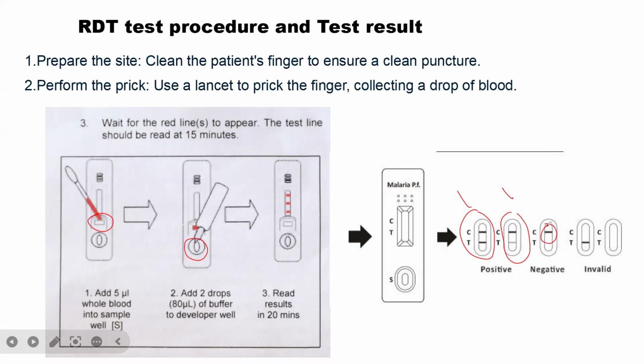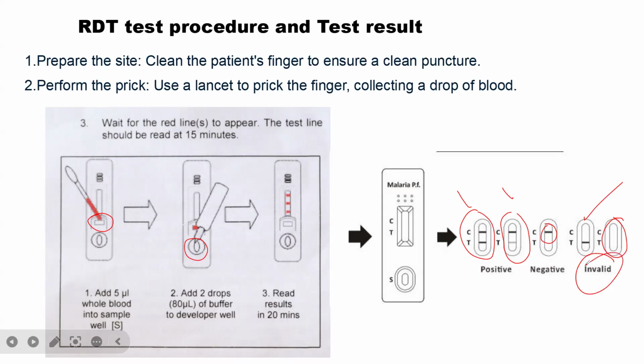If at the control line you didn't observe any line, it means that it is invalid. You see, at this point, the control doesn't appear, and for the test also, there is no line at both control line and the test line. But of course, for this one, you only have it at the test line without the control line. So it tells you that this is invalid.